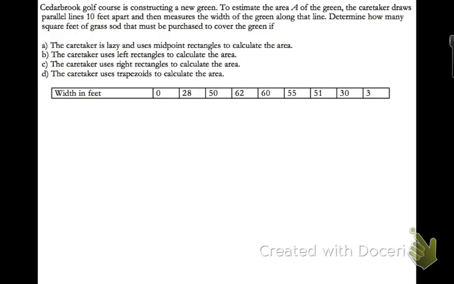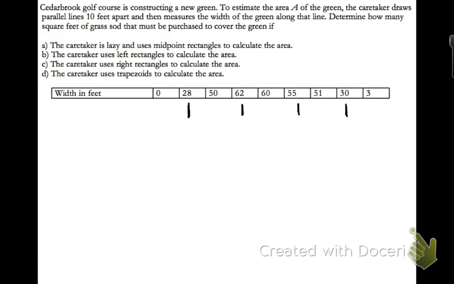The midpoints of all my rectangles would have to be here at 28, and then at 62, and then at 55, and then at 30. So the reason it's lazy is because he's using only 4 rectangles. Just based on the data I have, I could only have those as midpoints. And that would be different from a left and a right and a trapezoid in this case.